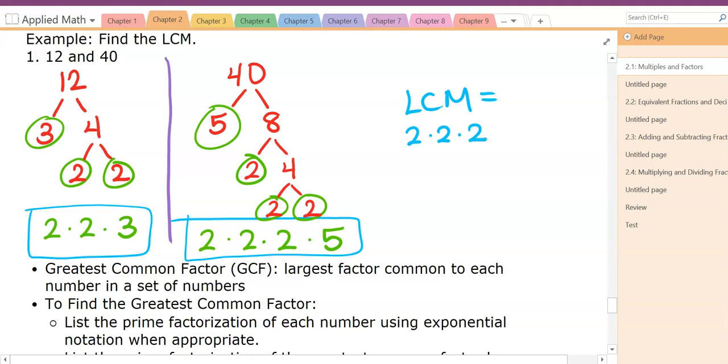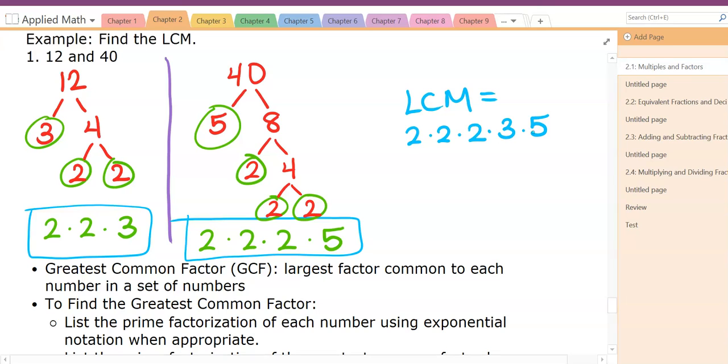Then you also have to take any other numbers that you see happening too. So even if they don't share numbers, like they share the 2s, this one has a 3 and this one has a 5. They don't share a 3 and a 5, but I still need to take it. So I still need to grab 3, and I still need to grab 5. Then you multiply that.